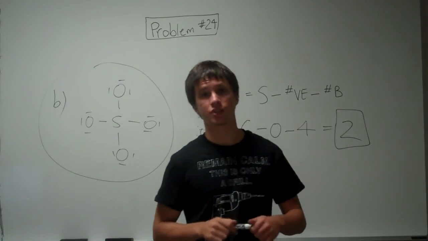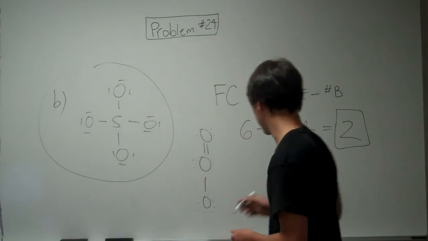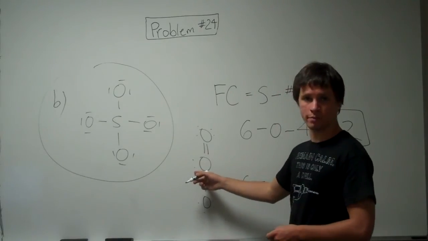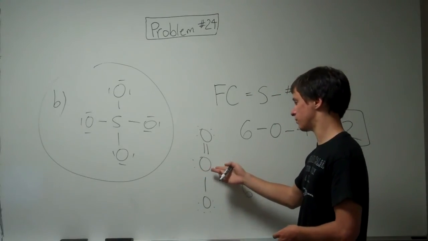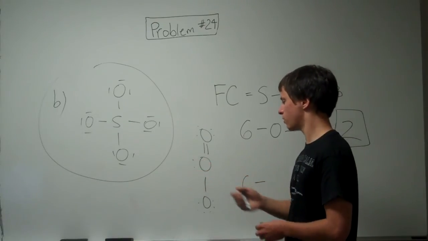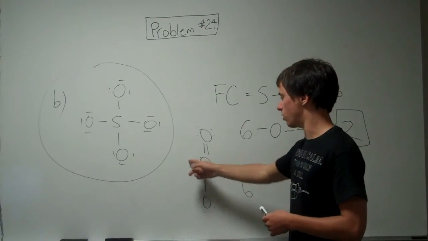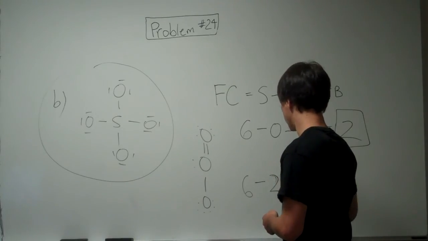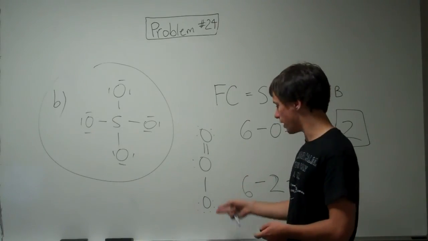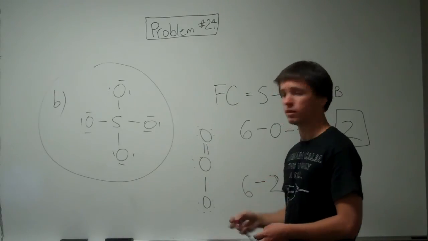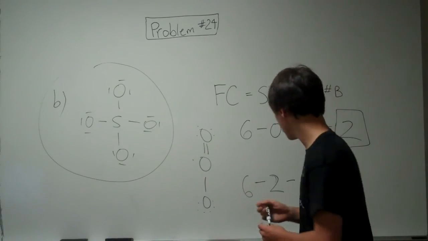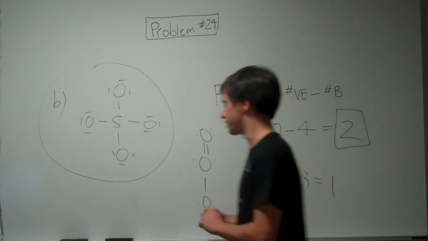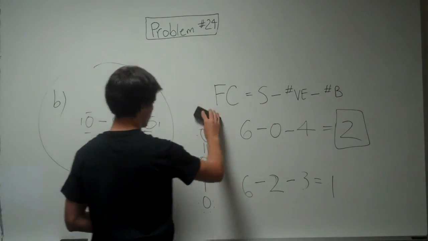So oxygen is in the same row as sulfur, so we're going to start with 6, minus the number of valence electrons on this oxygen, so 1, 2, 6 minus 2, minus, how many bonds do we have? 1, 2, 3. The double bond counts as 2. So 6 minus 2 minus 3 is 1. But that's not our answer. Like I said before, the answer is B.